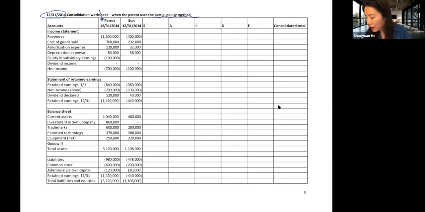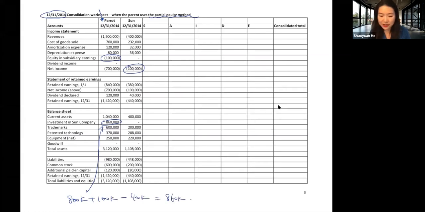And let's go over the equity in subsidiary earnings here again. This number, 100,000, is the subsidiary's current year income, and we don't need to take out amortization here. For the investment account, this 860,000 is made up of your initial investment 800,000 plus the first year's income minus the first year's dividend, and that will give you 860,000.